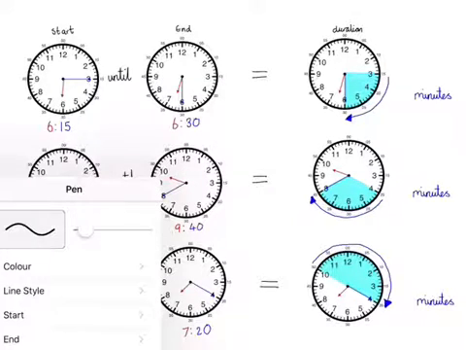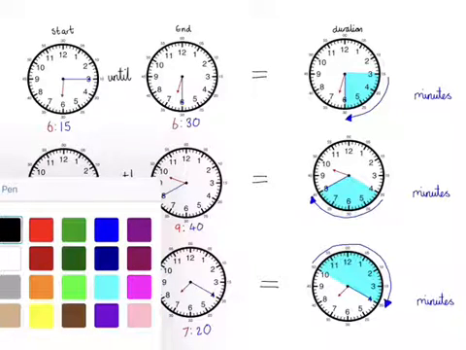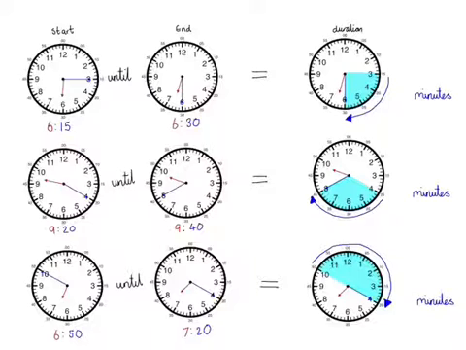Up in the top left hand corner, let's have a purple pen to write with. Okay, whatever this duration here is, it starts at 6:15. It finishes at 6:30. I need to know how long it lasted, what the duration was.